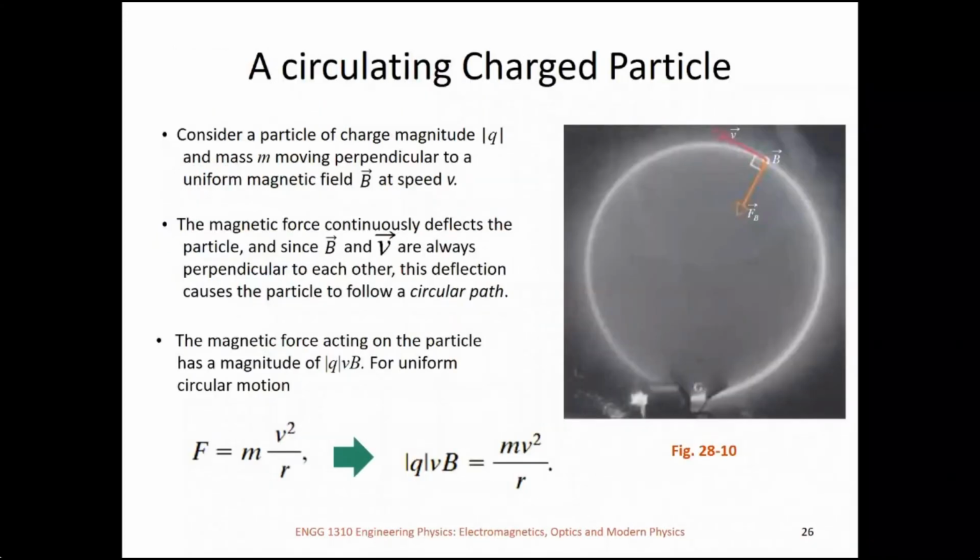So what we just discussed was the magnetic field's force on the charged particles inside the conducting material. How about if we have a charged particle that is freely moving inside space?